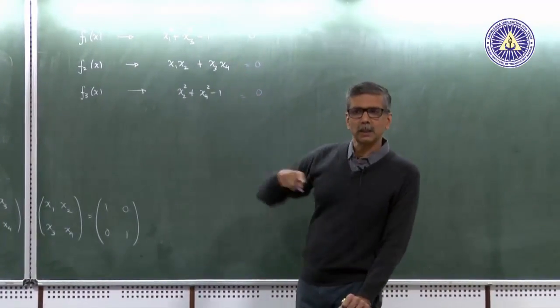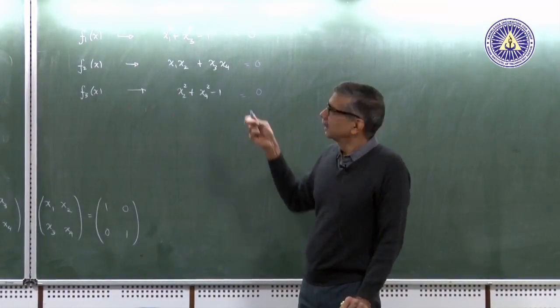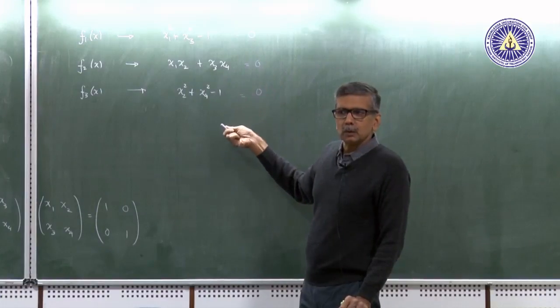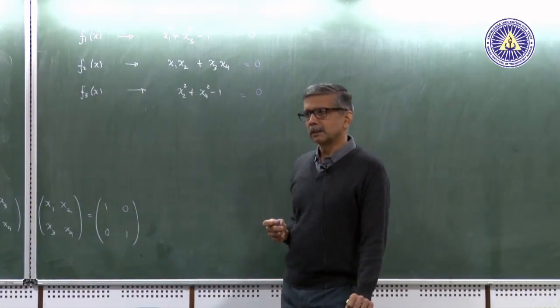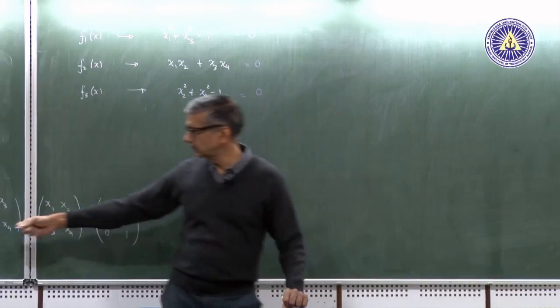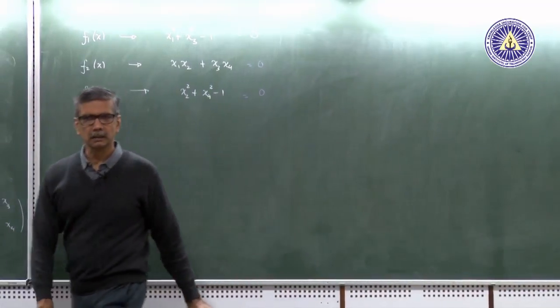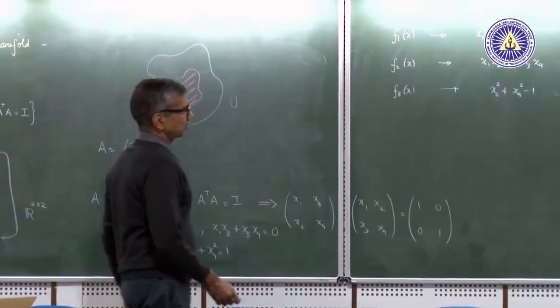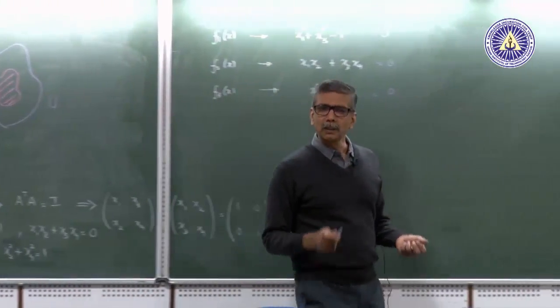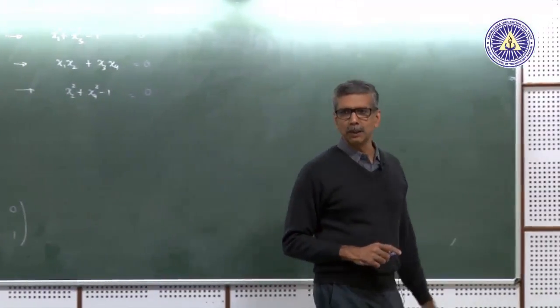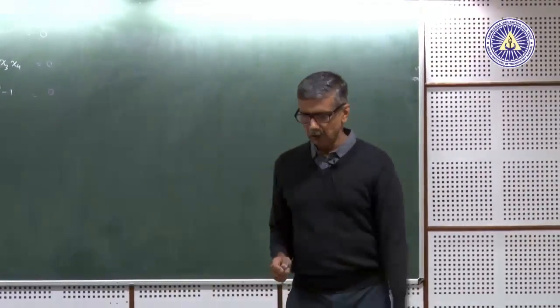Right? x1, x2, x3, x4 is just any matrix. But if each of these is 0, then that matrix is an orthogonal matrix, because it satisfies these 3 conditions. Correct?